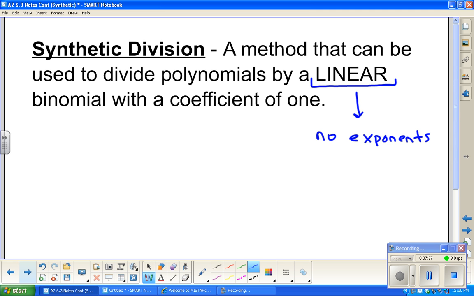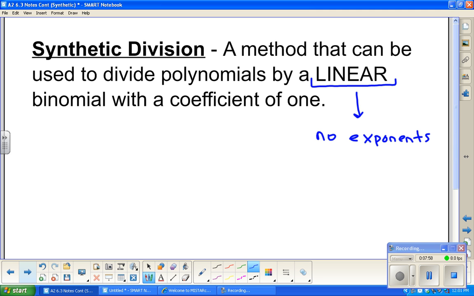Remember, linears are going to look like mx plus b form. So we need something linear, with no exponents on it.